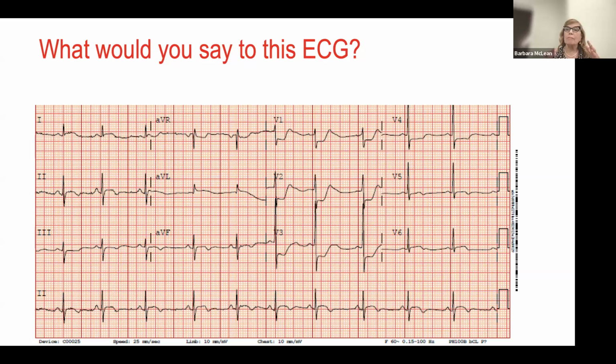Now, understanding that the circumflex, which is the lateral, and the RCA, which supplies the right side, the inferior wall, the right ventricle, and the posterior surface in most patients, that those two coronary arteries can be involved with posterior infarct.